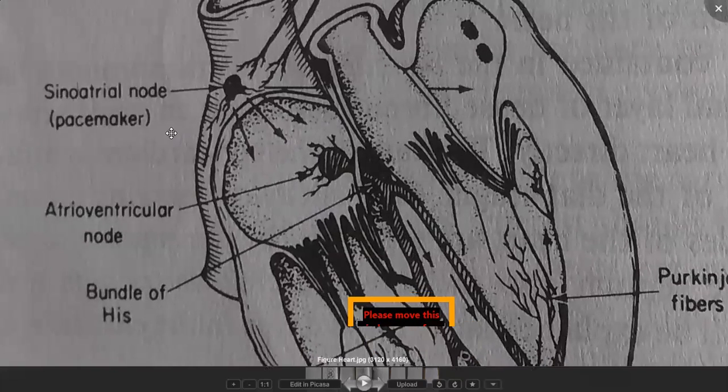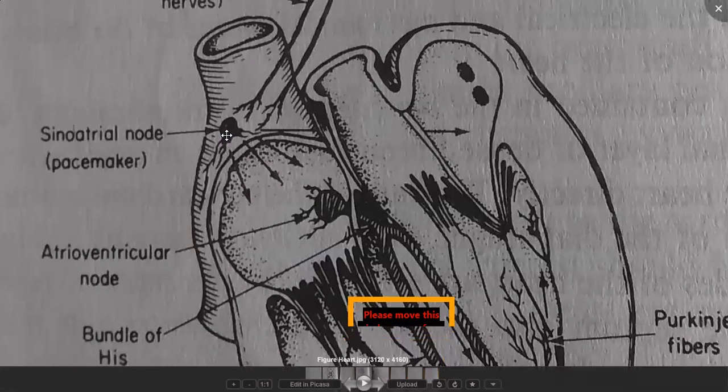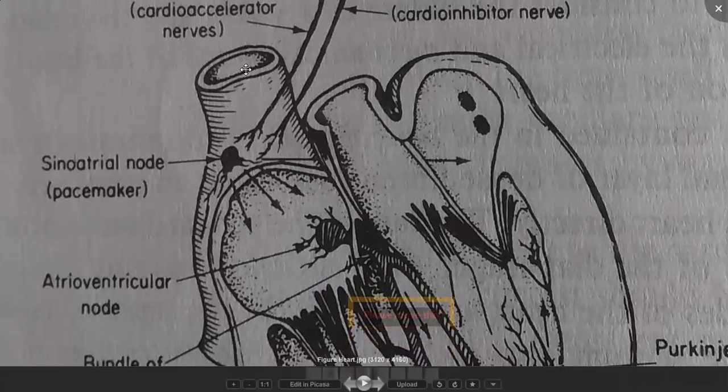Coming to the place of this sinoatrial node, it is at the junction between the right atrium and the superior vena cava.